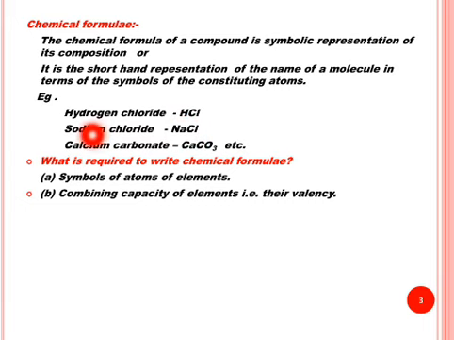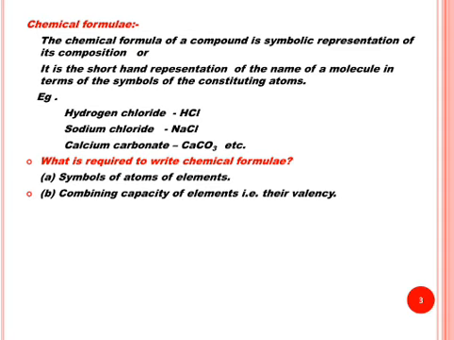For example, the chemical formula of hydrogen chloride is HCl. The chemical formula of sodium chloride, that is common salt, is NaCl. The chemical formula of calcium carbonate is CaCO3, etc.